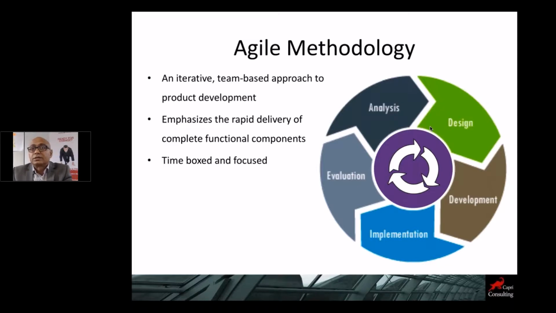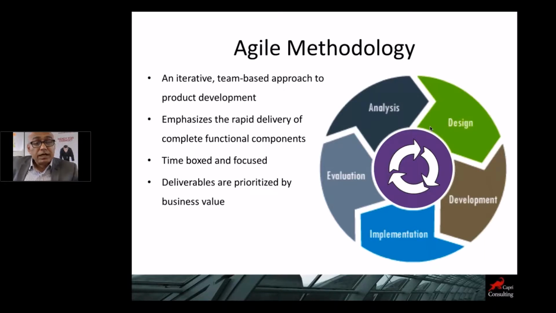Time boxed in the sense that instead of a long-term project, these projects are 2 to 4 weeks, and after that you start a new cycle. By focused, I mean you deliver the highest priority user stories or values to the customer. Throughout the life cycle of a project, you keep prioritizing your product backlog.